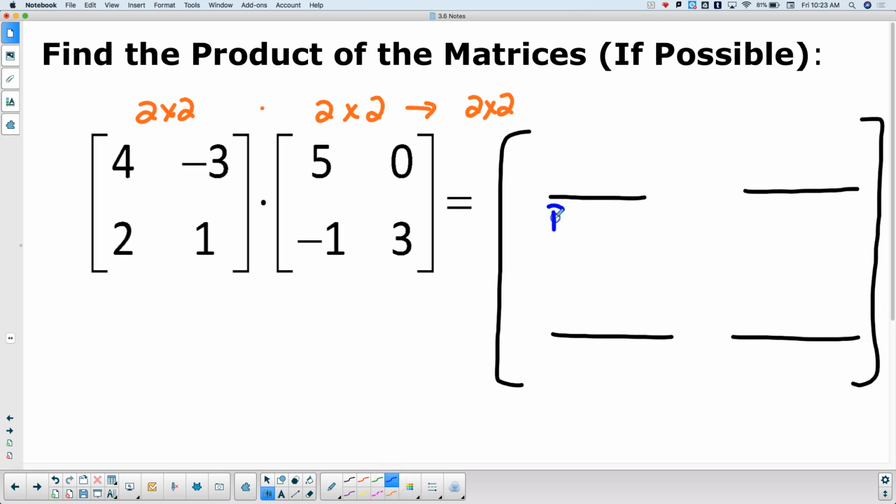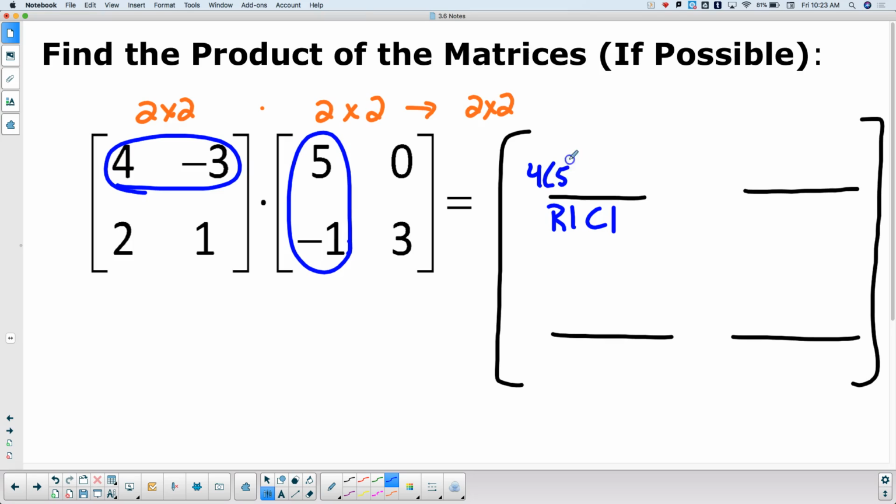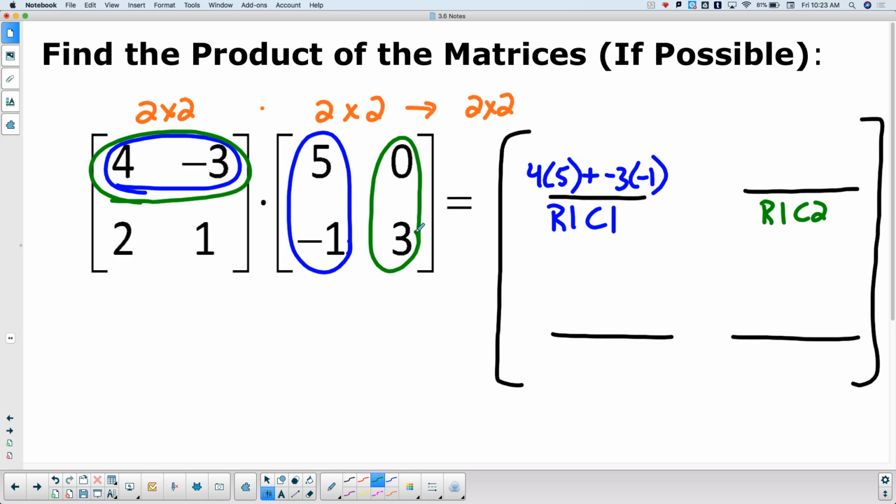This is row 1, column 1. So I take row 1 times column 1. This is row 1, column 2. So I take row 1 times column 2.